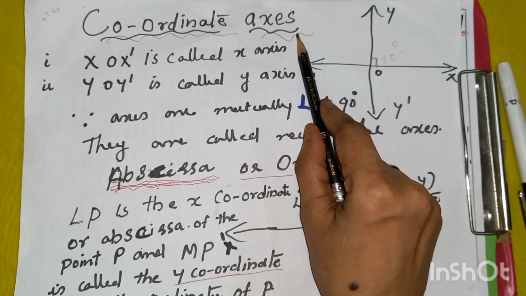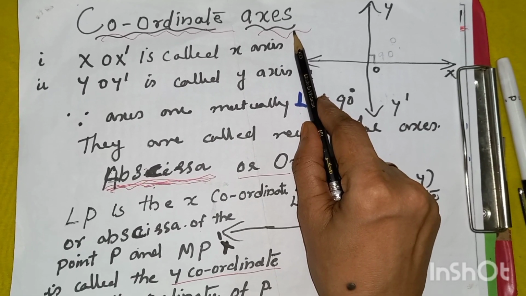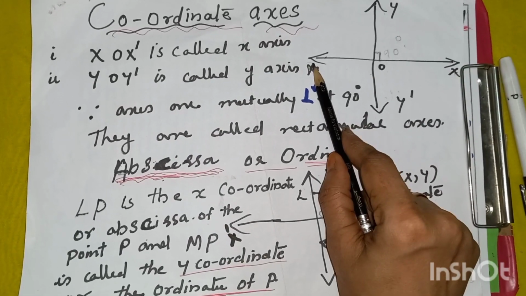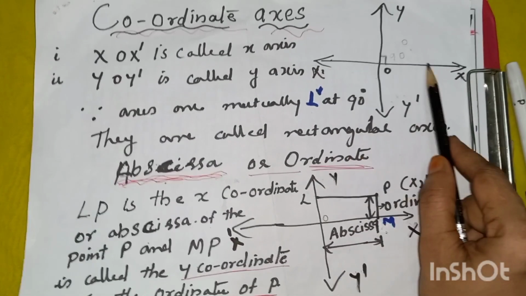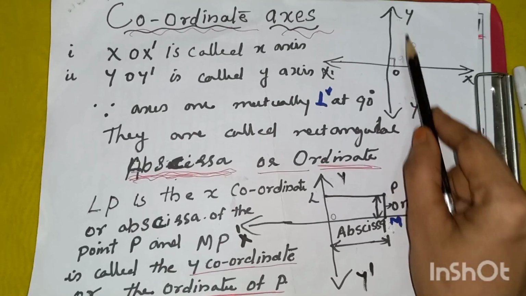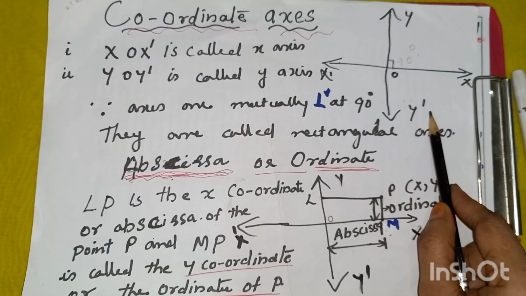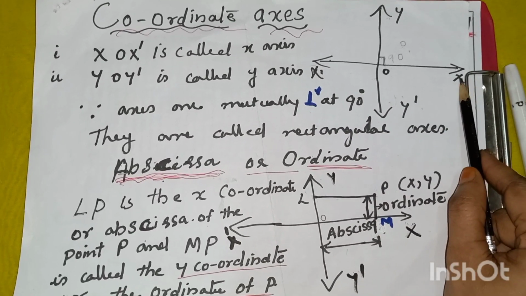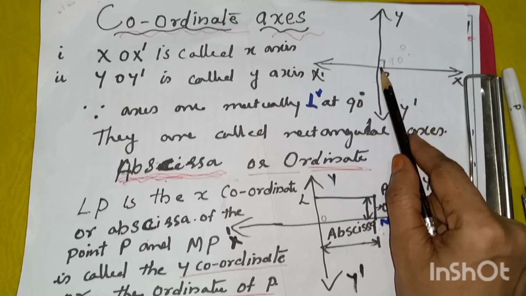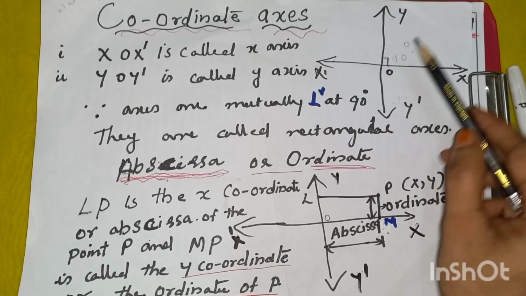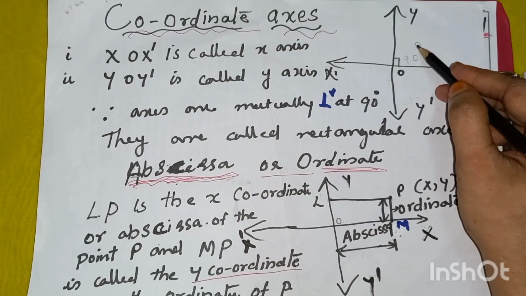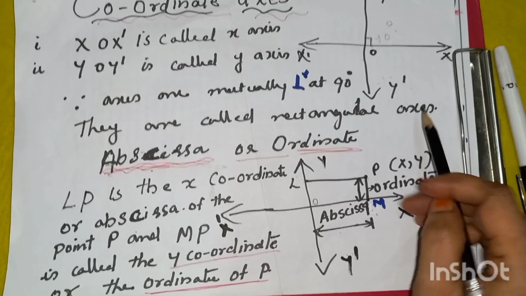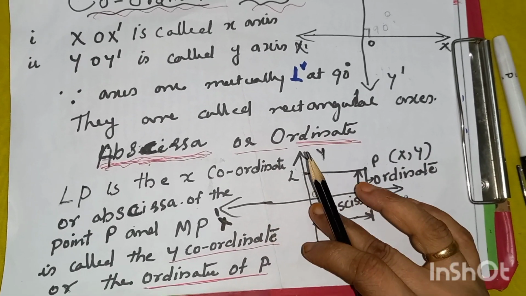The x-axis and y-axis are called coordinate axes. X'OX is called the x-axis and Y'OY is called the y-axis. These axes meet perpendicularly at 90 degrees, so we can call this a rectangular axis.